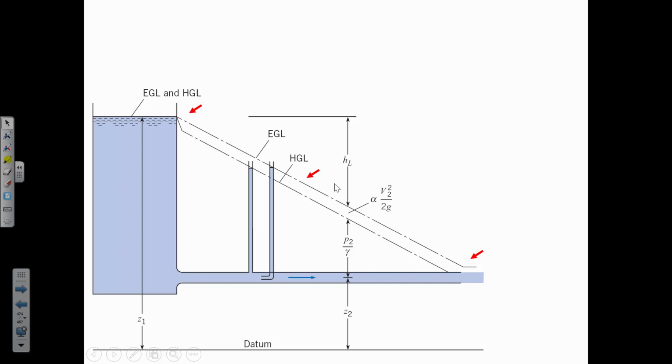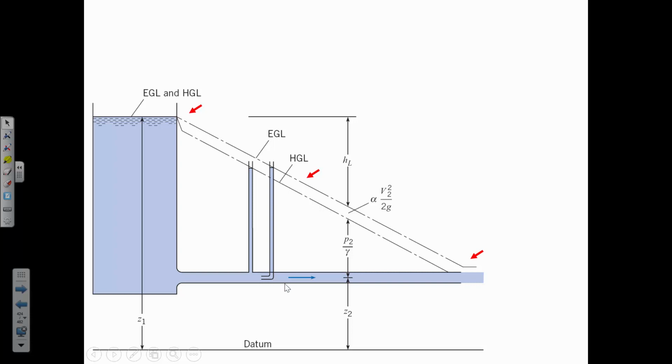So the key things that I'm going to be looking for when I grade your drawings, and I always include a problem like this on the final exam, because this is important stuff, and also because it's easy to grade a sketch. I'd be looking at whether you have divergence between the EGL and the HGL. I'd be looking at if you have the labels on them. The EGL is always above the HGL. Here the slopes are parallel.